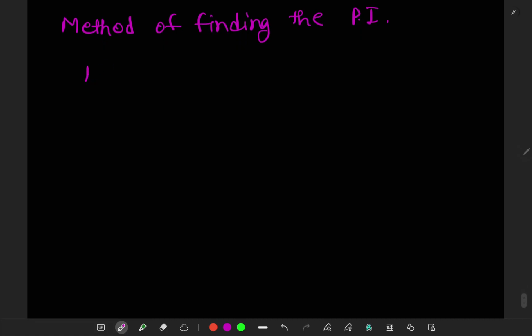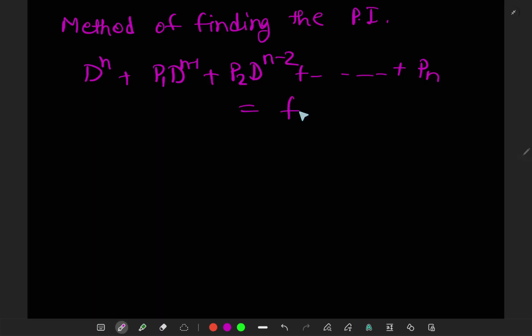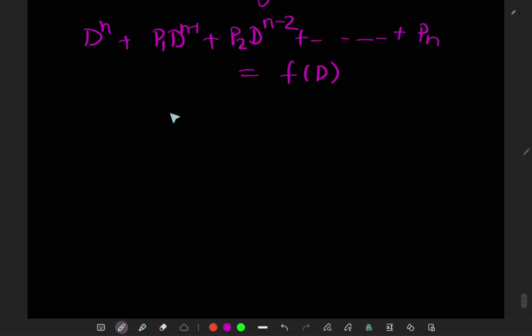Now for solving particular integral, method of finding the particular integral. This is a general differential equation, so we can denote this like f(D), so we can write f(D) y is equal to x.